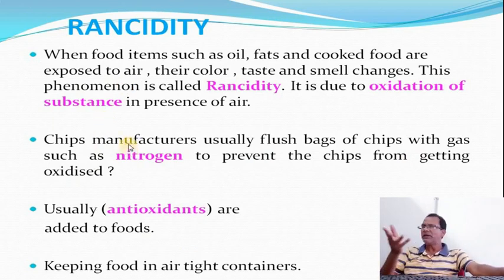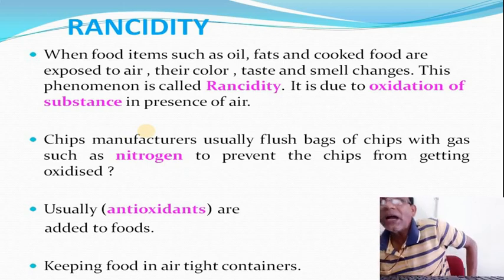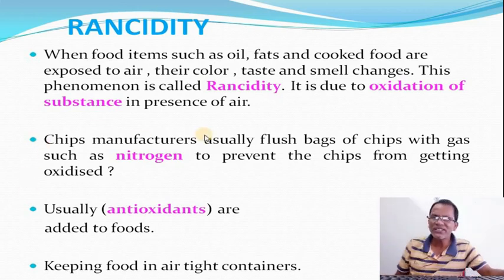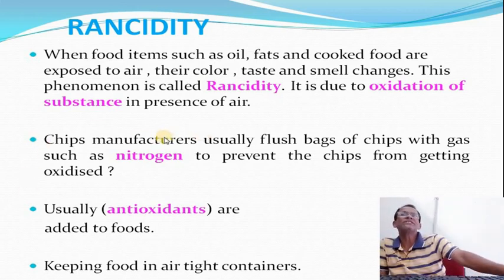This is an important thing for our day-to-day life. Because when we are preparing our food, if we keep the food for many hours, then it will give foul smell and change in color. That is called rancidity. If you keep oil, fats or cooked food exposed to air, outside, then it shows change in color, taste and smell.